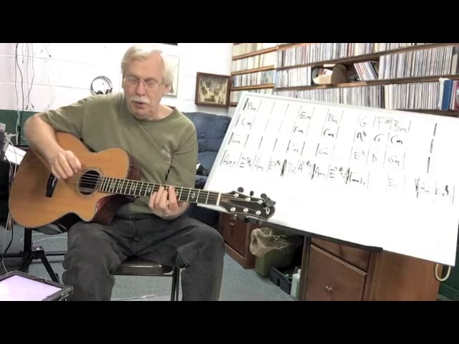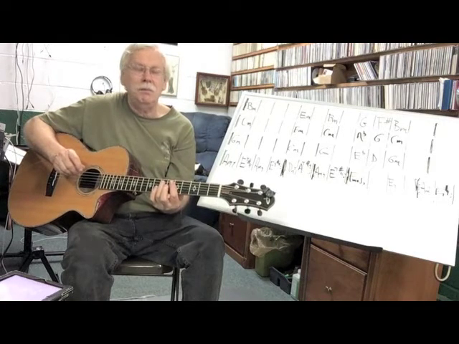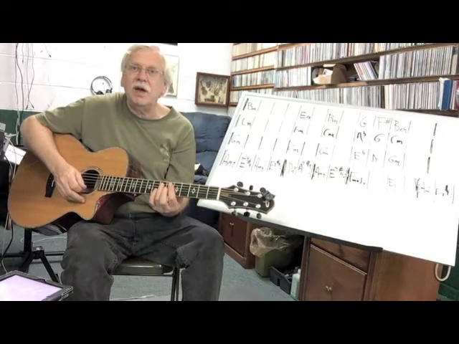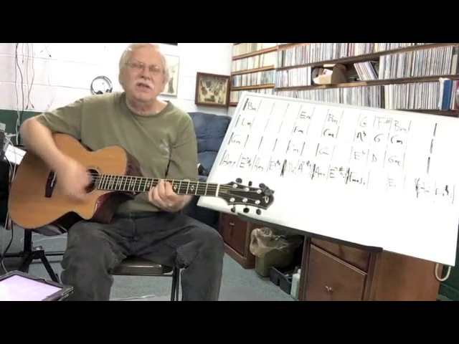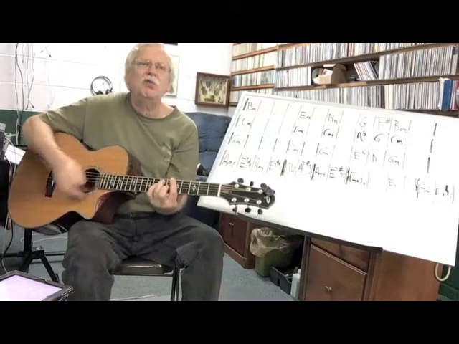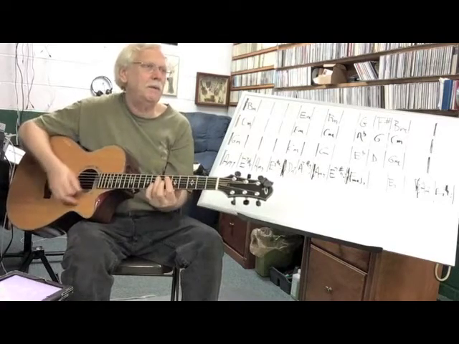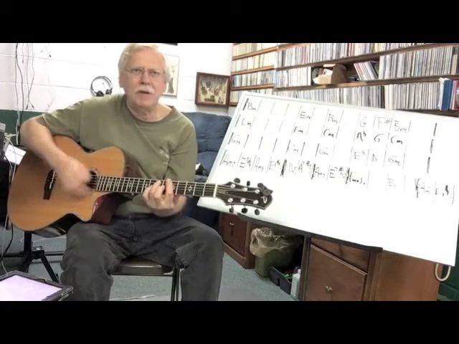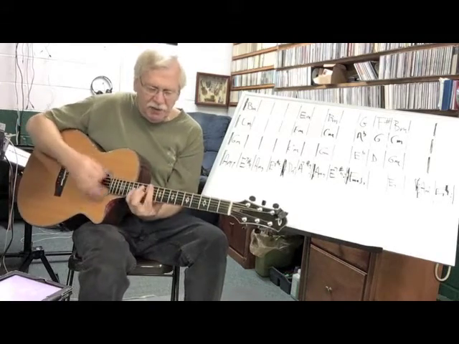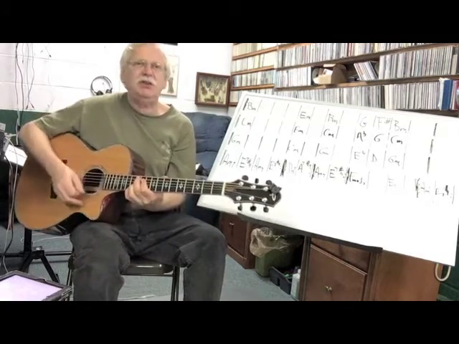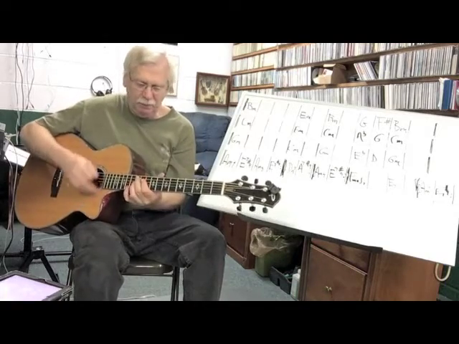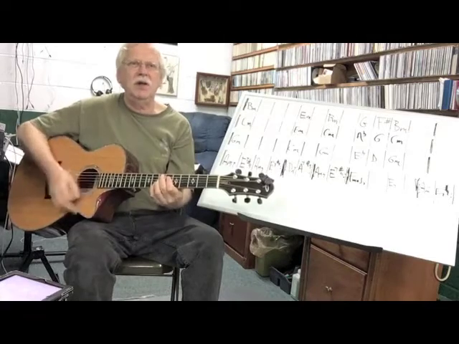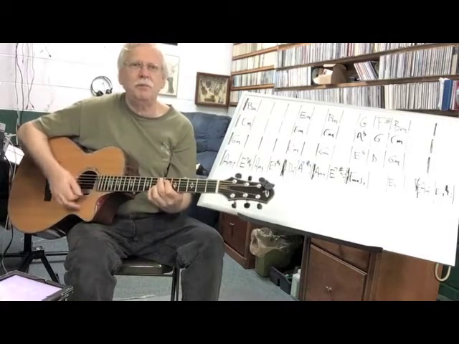It's a 12-bar blues in A minor in 3/4 time, and it goes like this: A minor 7 to E7 sharp 9, 4 times. Then D minor 7 to A7 sharp 9, 2 times, and back to A minor 7 to E7, 2 times.